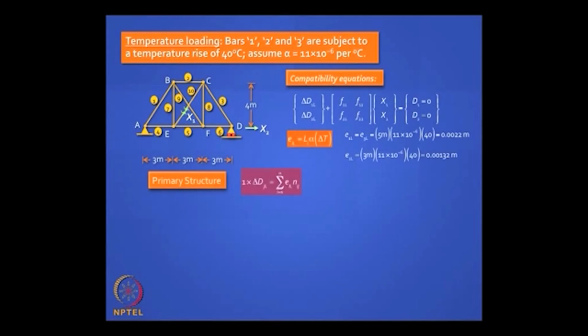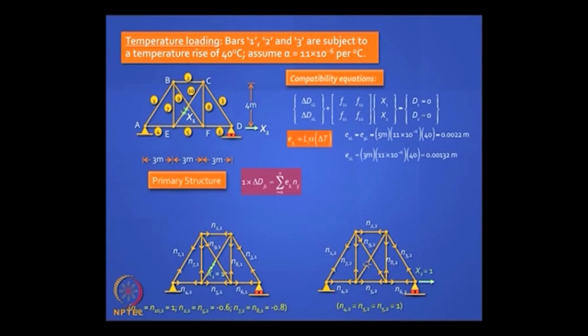You invoke the unit load method, which is, in this equation you apply say F1 equal to 1 or X1 equal to 1, and you look at this displacement field where you have these temperature changes and you have these known bar elongations. So you have a pure geometry problem and you are applying a unit load and invoking the virtual work method to solve for one unknown in that displacement field. We have done this in an earlier class. So can you find this out easily? You can. When you can do that, you have all the answers.